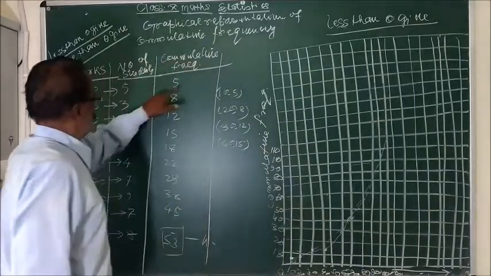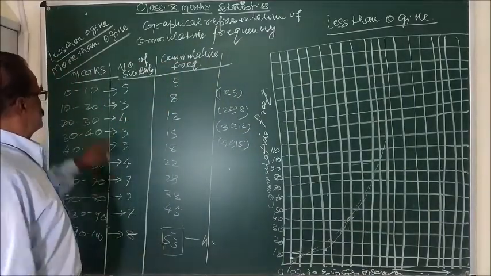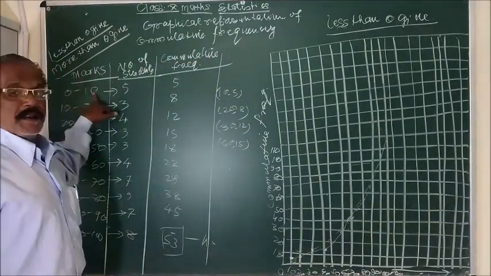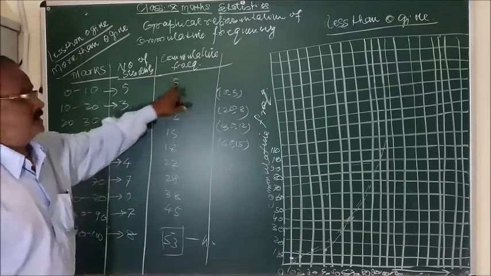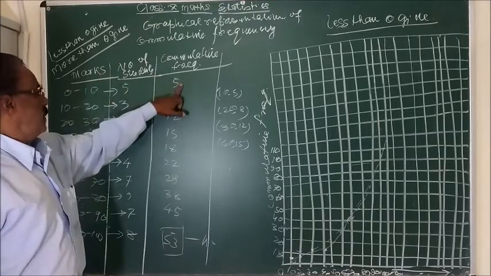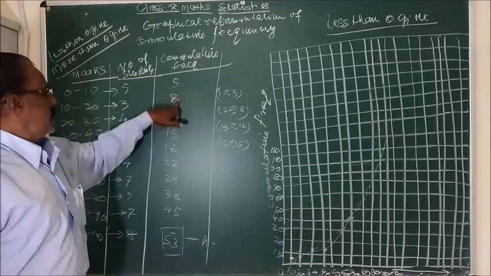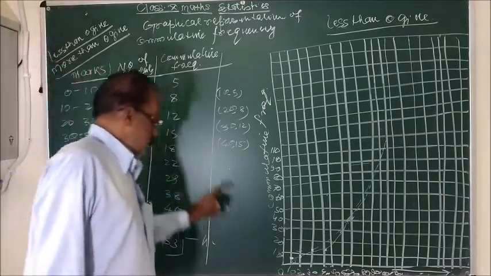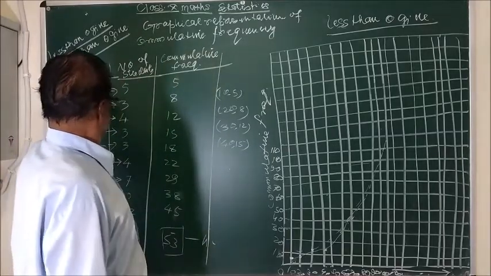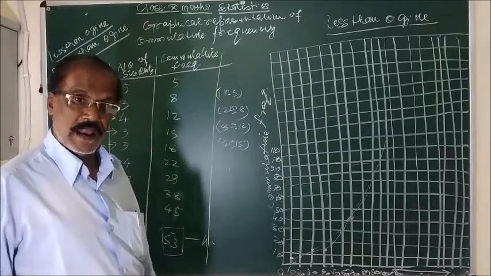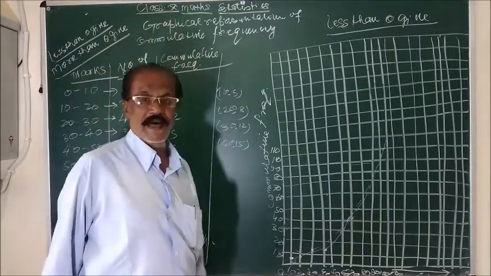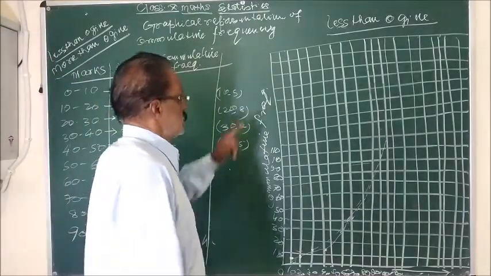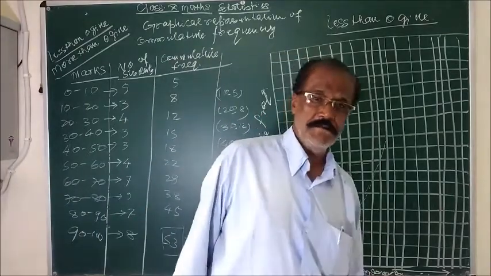One more important point in this question: you should take upper limit and corresponding cumulative frequency, 10, 5, 20, and 8. And more important, you should take the upper limit of every class on x-axis and cumulative frequency on the y-axis. So this is less than type ogive.